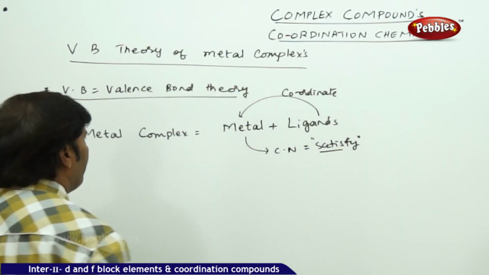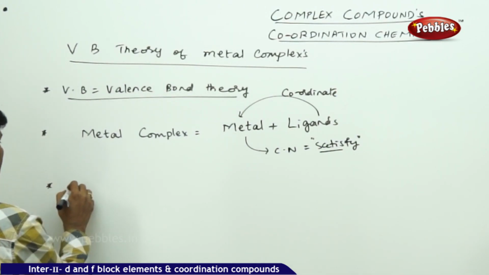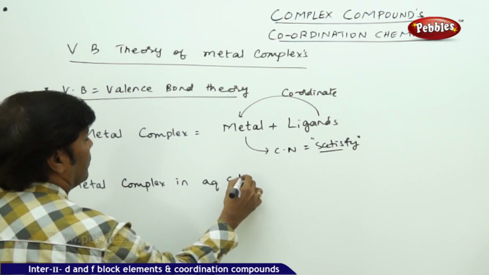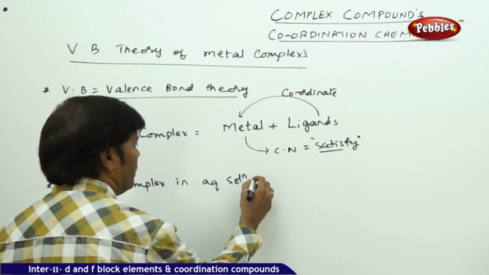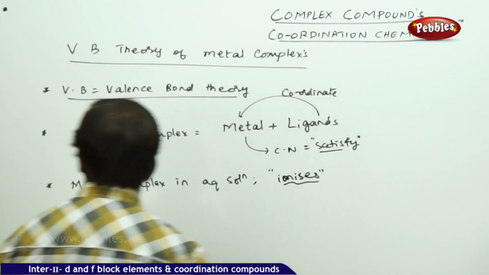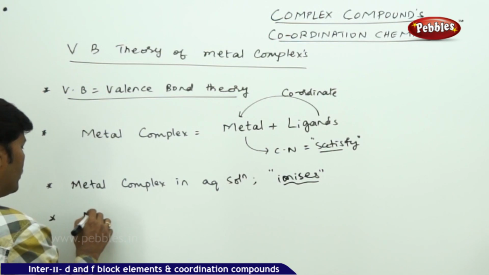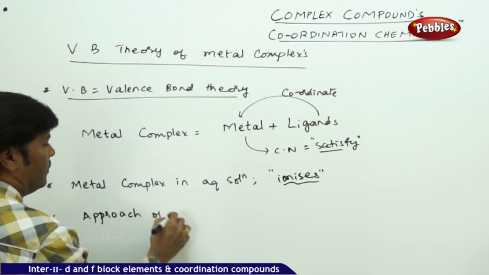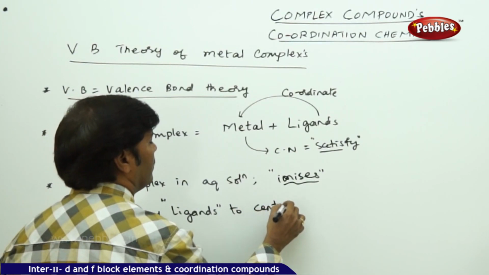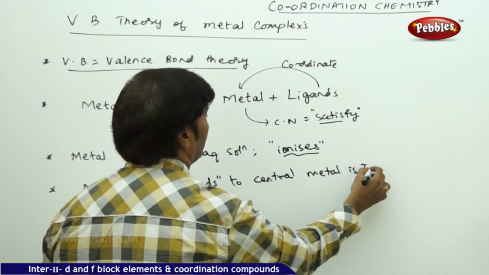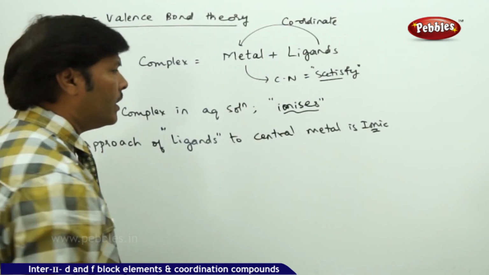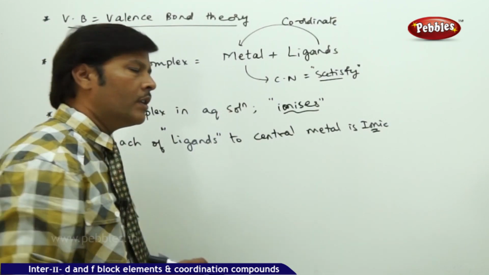In the meantime, what is happening here is, every metal complex in aqueous solution ionizes in such a way that the approach of ligands to the central metal is ionic, and if the approach of ligands around the metal has a uniform plane of symmetry, then the degeneracy of the d orbitals is retained.